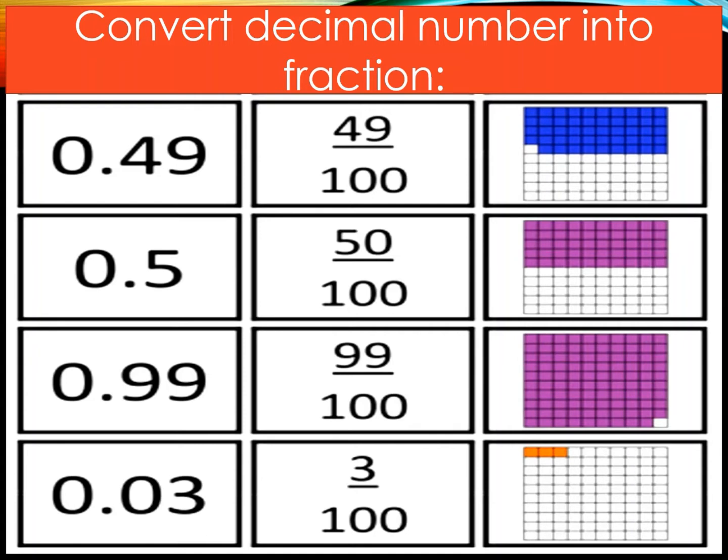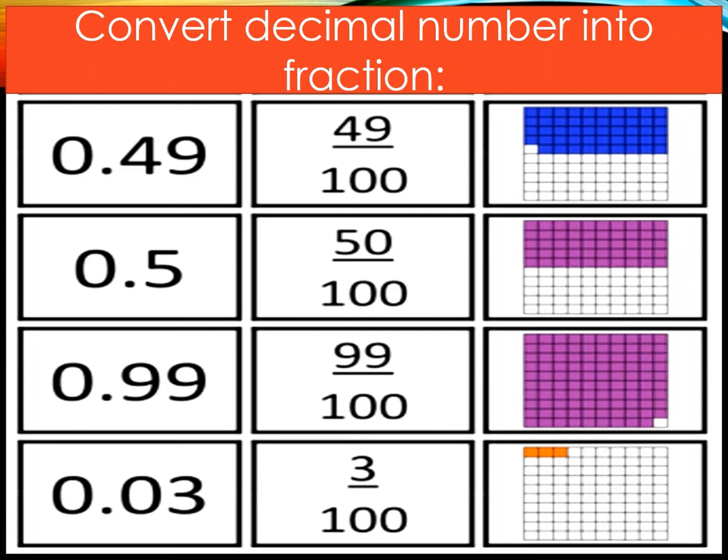Next is 0.03. From the right hand side, decimal places are 2, that is 10th and 100th. So we shall write 3 upon 100. As you can observe here, there are two decimal places, so we are adding 2 zeros.